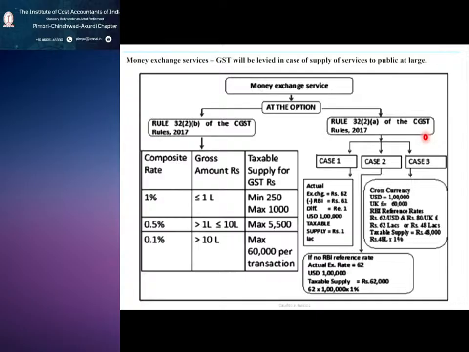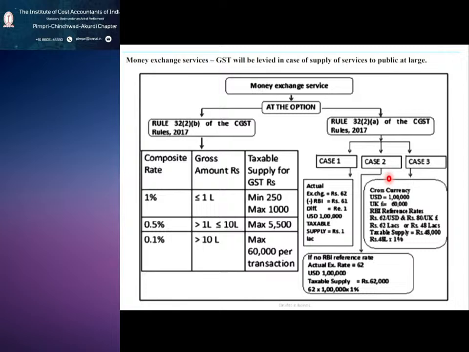So if you are doing the service of foreign currency money changing, and you are opting for the rule of 32(2) para A, then we have 3 different scenarios. One where the RBI reference rate is given, how we have to calculate the taxable value of supply.